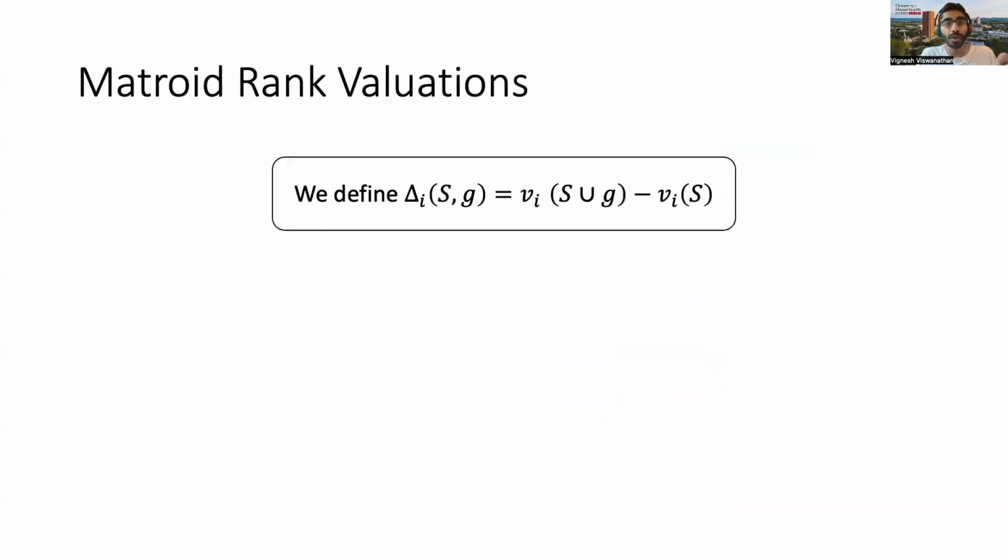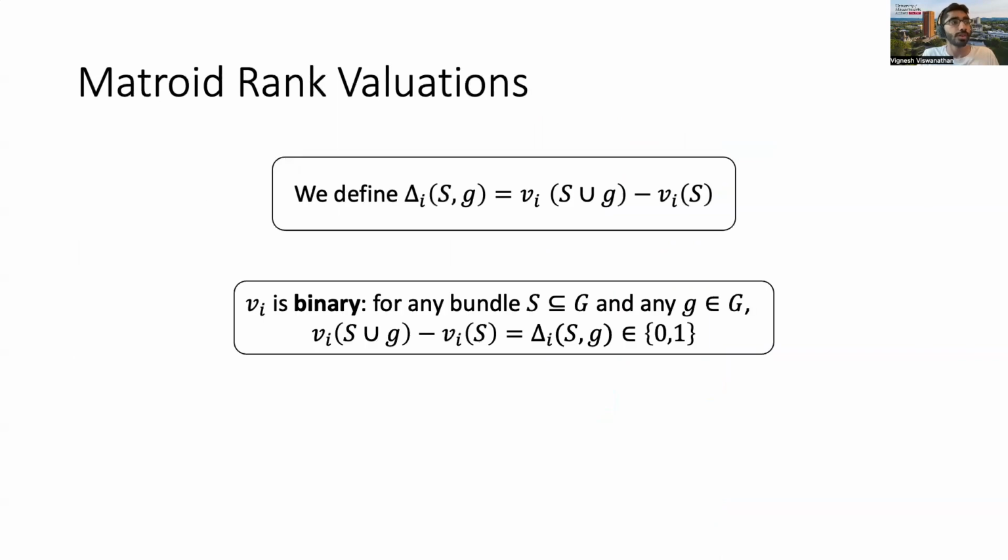Now, coming back to what I mentioned before, we assume that each agent has Matroid rank valuations. And this is a special class of valuations characterized by two basic properties. The first is that Vi, that is the valuation function of any agent, has binary marginal gains.